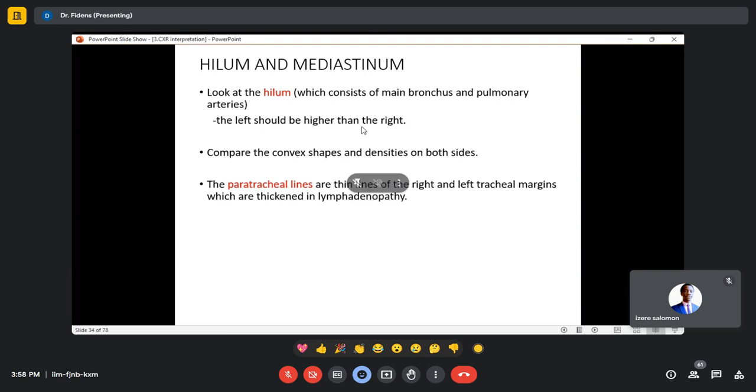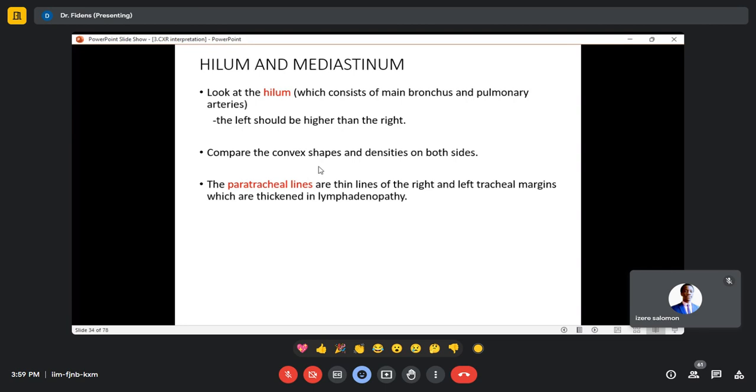And you have to compare the convexity. Normal hilum should be concave laterally on both sides but convex medially. That's what they mean by comparing the convex shape and density of both sides.